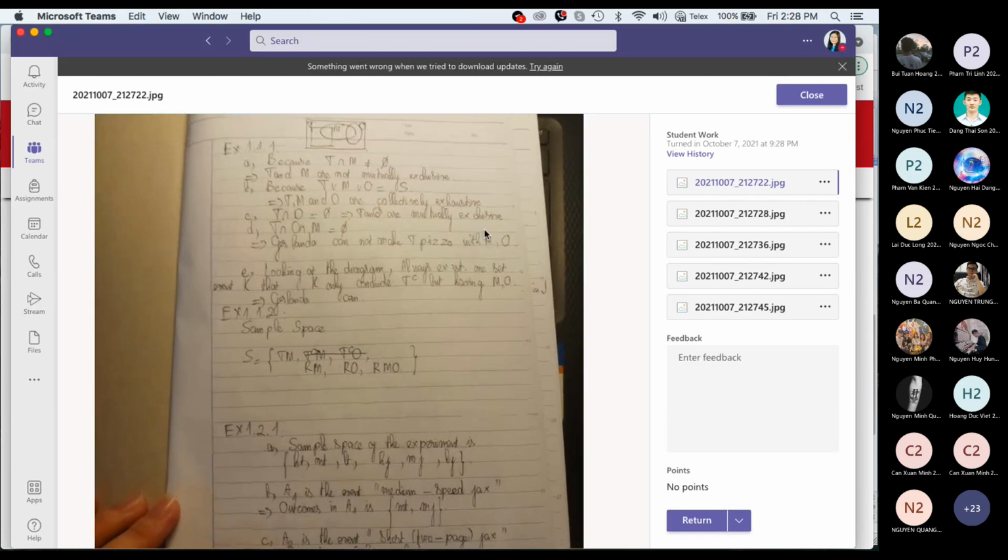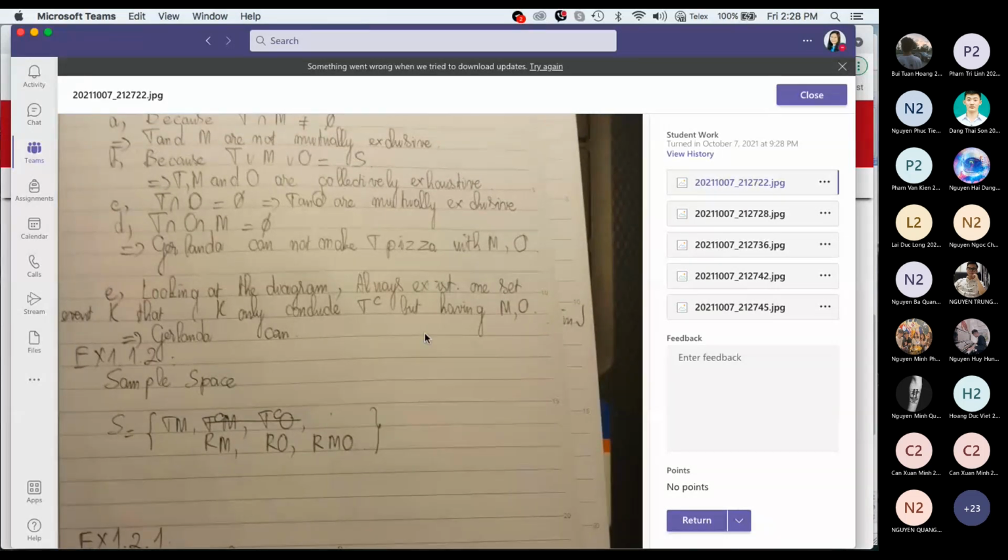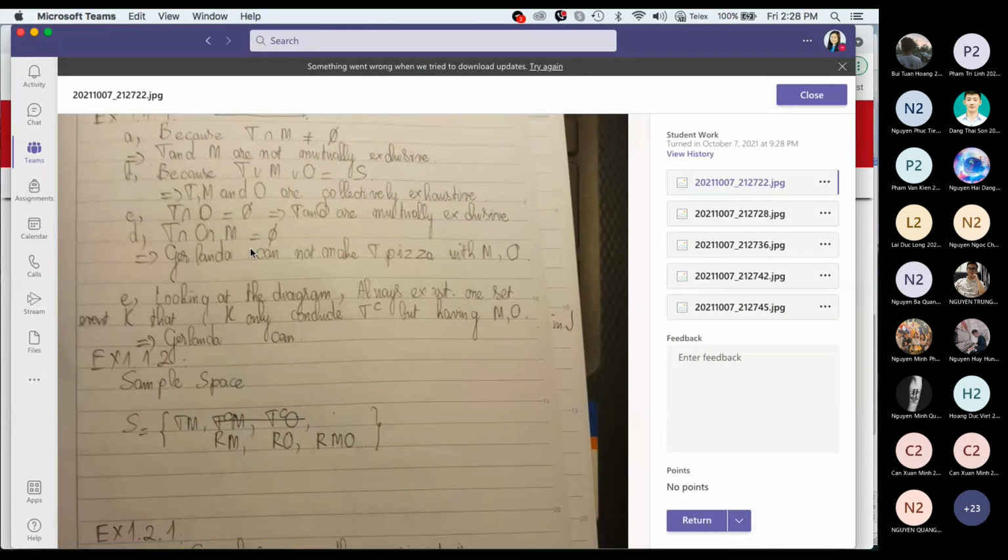Okay, now we check the solution of exercise 1.1.1. Because T intersection M is not the empty set, T and M are not mutually exclusive, right?